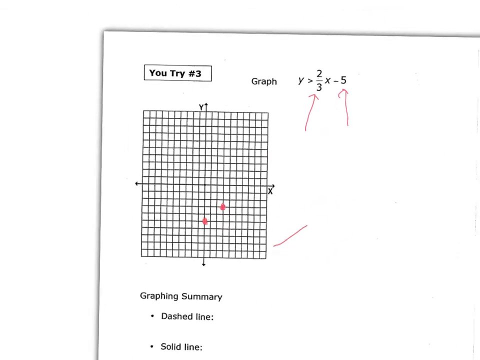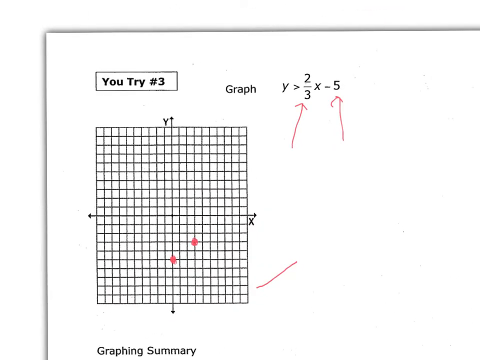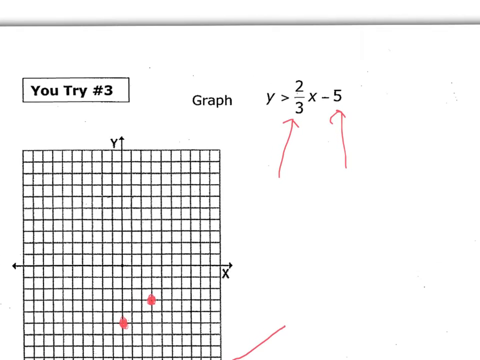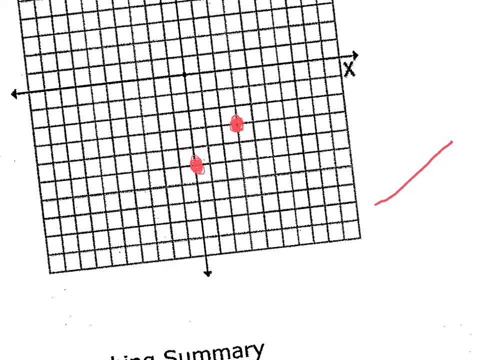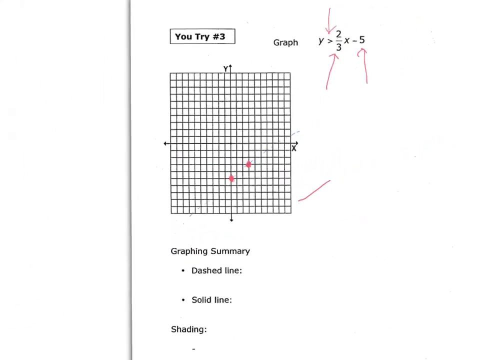Since then you got to decide what type of line you're going to draw. If you look at your inequality, you have a less than, so you have an inequality without the line underneath it. So we need to draw a line that has dashes. Okay, so we have a dashed line there.